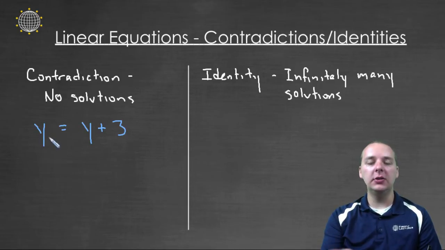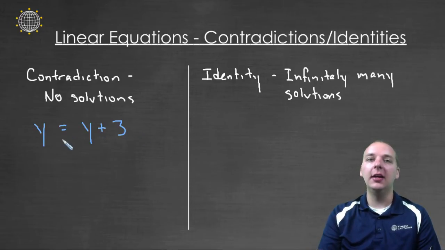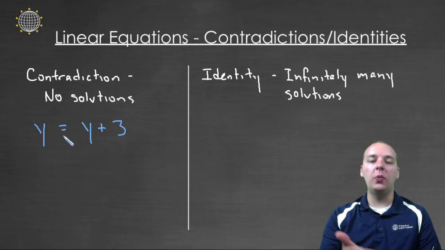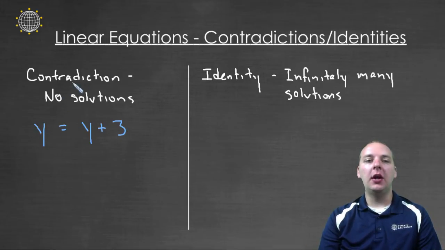It's a linear equation for sure, but 10 doesn't equal 13, right? If you add 3 to 10, it's not going to equal 10 anymore. And that goes for any y. 20 doesn't equal 20 plus 3. 30 doesn't equal 30 plus 3. There's no value for y where y would equal y plus 3. So this would be an example of a contradiction. It has no solutions.